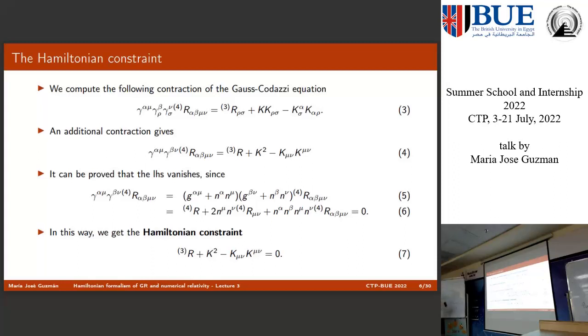So this is somehow some velocities, squared velocities, and something that doesn't have any velocities. This is a constraint, like the constraint in electromagnetism, for instance.